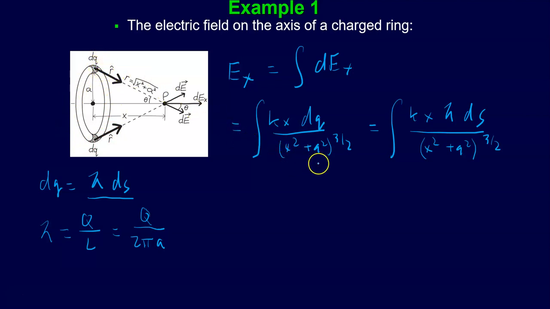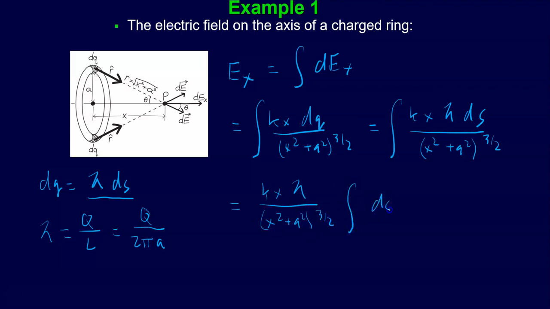Every little tiny piece of charge gives this much of a contribution to the Ex. And what's really nice is that if you look here, as I do that, the x and the a are constants. So in this particular problem, I can pull everything out. As I'm integrating, my x stays the same, my a stays the same, everything stays the same. And so I can pull all of this stuff outside of the integral.